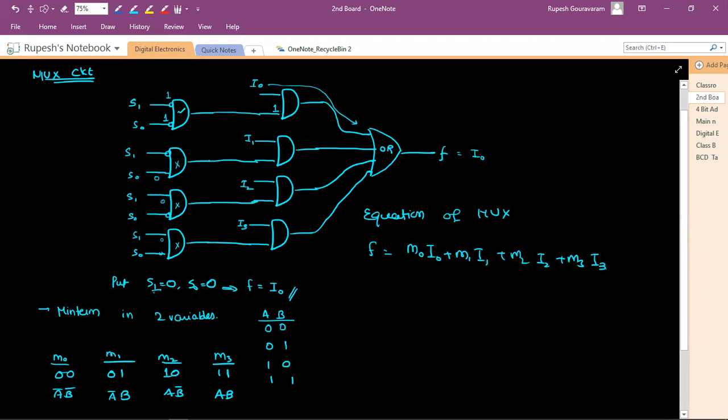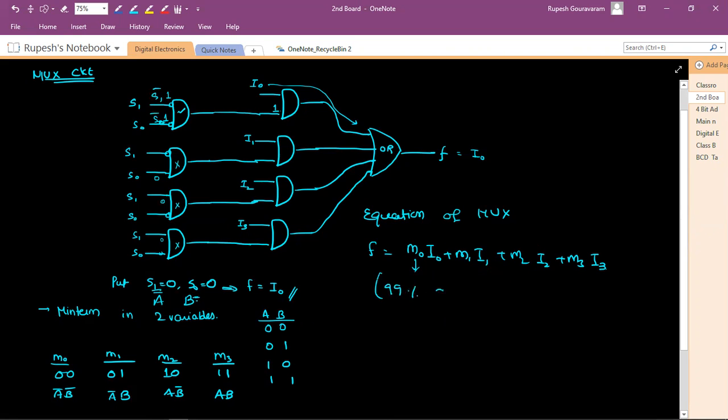Suppose instead of S1 and S0 I have taken AB. Then M0 implies A bar B bar, that is S1 bar S0 bar. Here it is given. See, this is S1 bar supplied to the AND gate, and this is S0 bar supplied to the AND gate. So F is M0 I0 plus M1 I1 plus M2 I2 plus M3 I3.